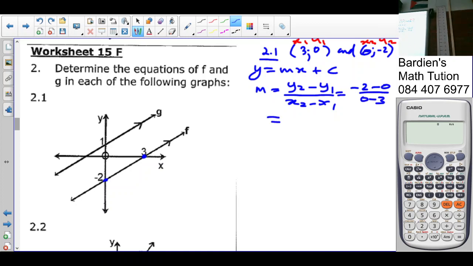Is this gradient positive or negative? Positive. The graph is increasing. Negative 2 over negative 3 is 2 over 3. Do I have the y-intercept? Yes. So the c value is negative 2. Can you see that? So y is equal to 2 over 3x minus 2. Now you see there's an f there.